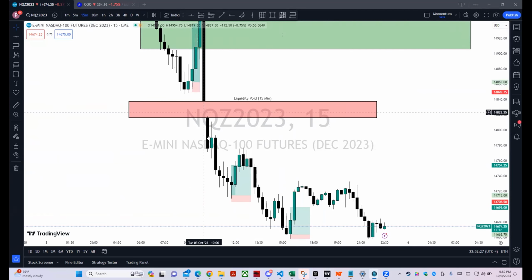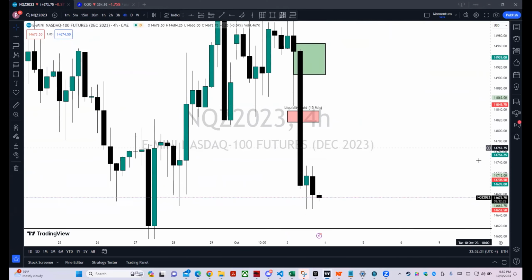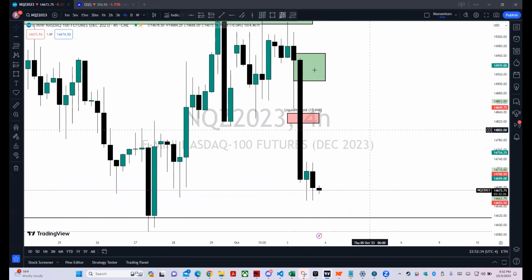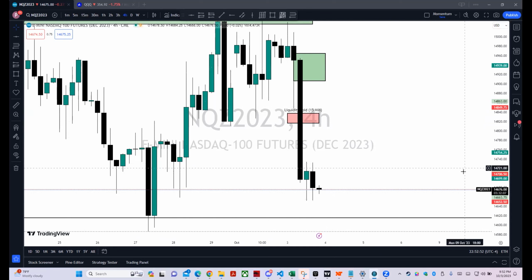So we got that loaded in. Let's go to the 4 hour. What do we see? We have this large zone right here that looks ready to be taken. So it looks like we've come down, and if we look at the bodies, consequent encroachment.